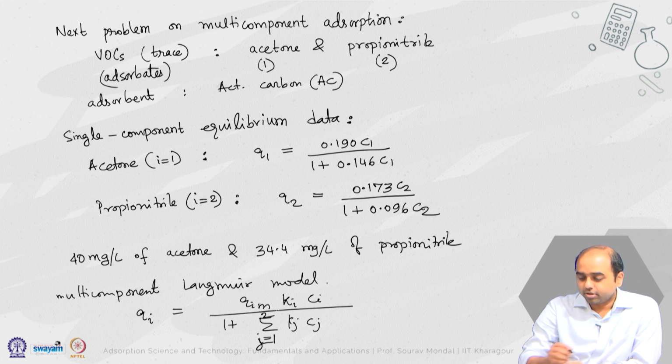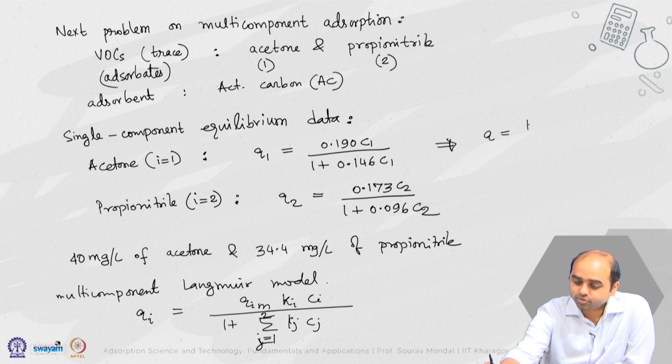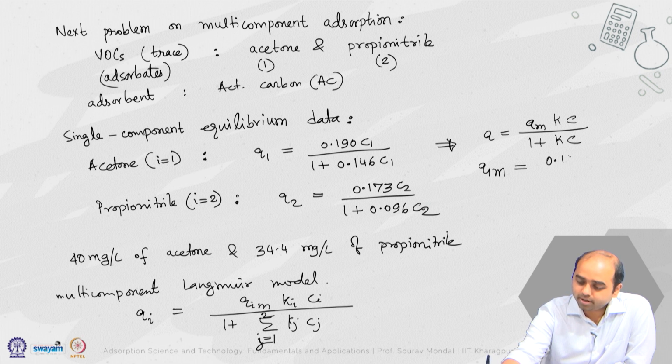Now, we have two constants, and if you recast this into the form Q is equal to Qm Kc by 1 plus Kc, then we can work out that Q1m is equal to 0.190 by 0.146, which turns out to be around 1.3.